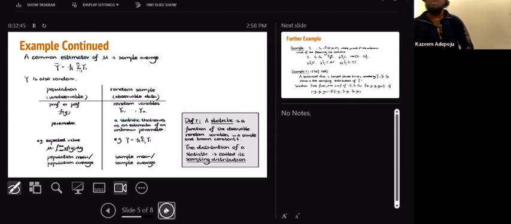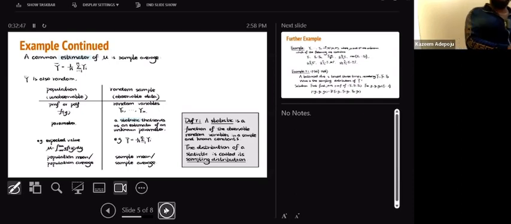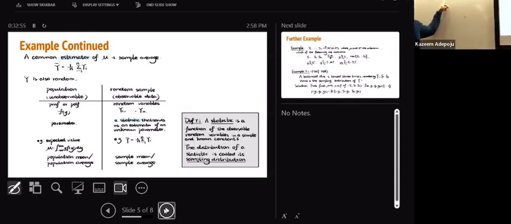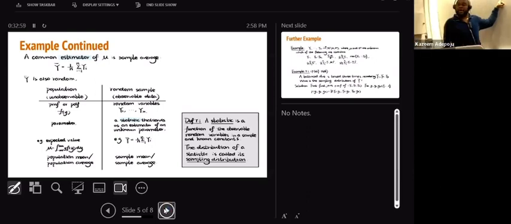If an estimator is wrong, the estimate will be wrong. In statistics, we're going to focus more in this course on the estimator. How good is our formula? Because when the method is wrong, the estimate is going to be wrong.